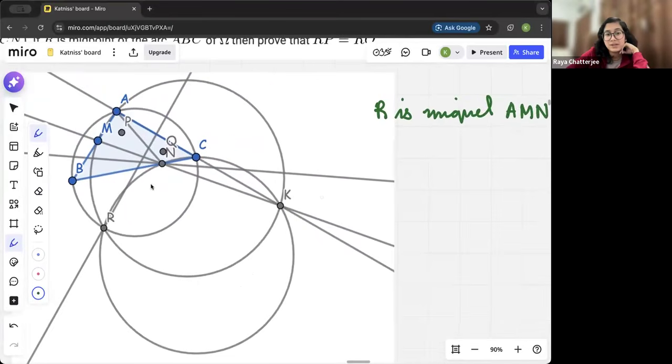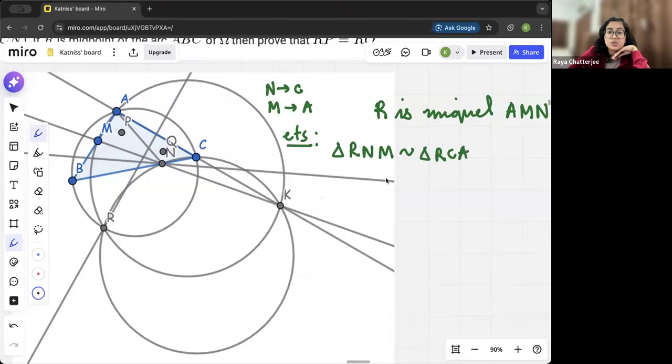If it is the Miquel point of AM, NC, what is it going to take to be similar? It's going to take the segment MN to AC. So it is basically going to take N to C and M to A. So it is enough to show that triangle RNM is similar to triangle RCA, which is true, right?